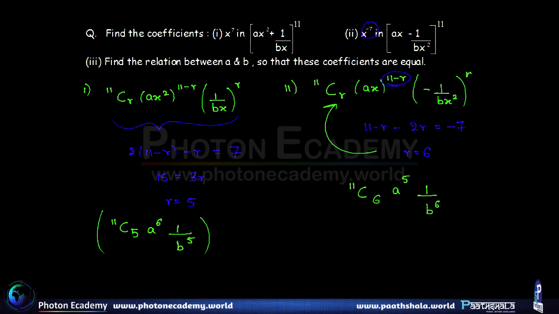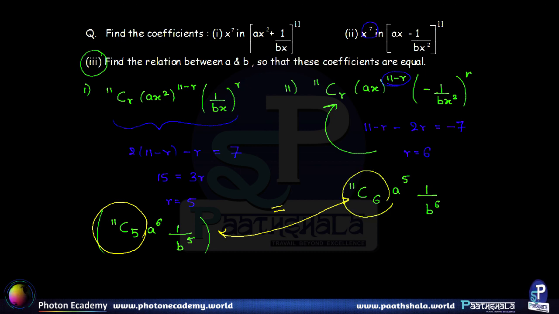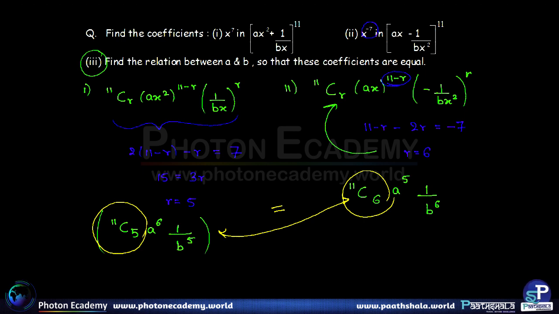Okay, fine. Now the third part is to find the relation between a and b so that these coefficients are equal. So we have to make these equal to each other. Okay, so if you observe, this is 11 choose 5 and this is 11 choose 6. So 5 and 6 is equal to 11, so they will just cancel each other out.